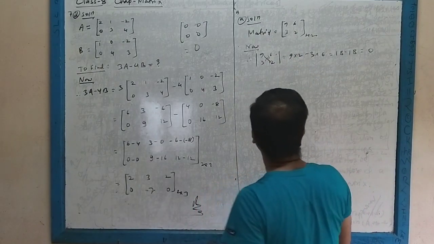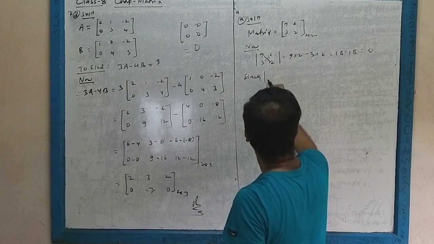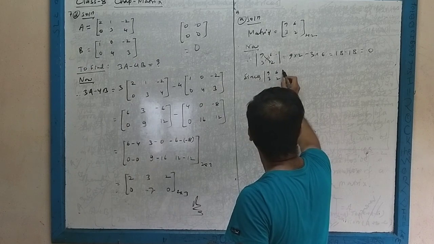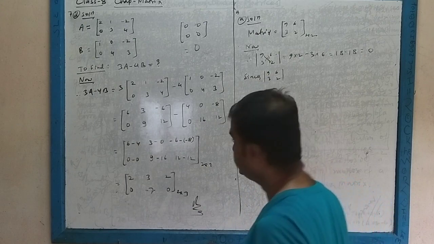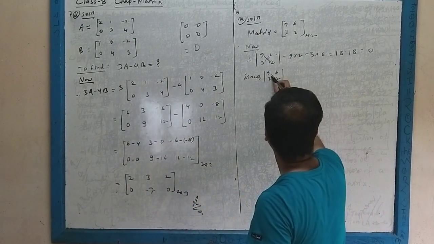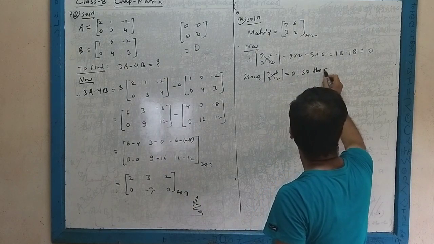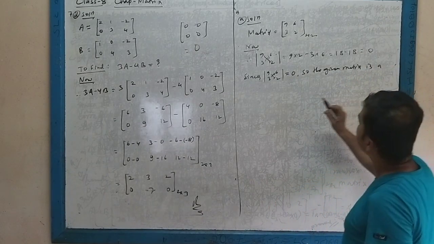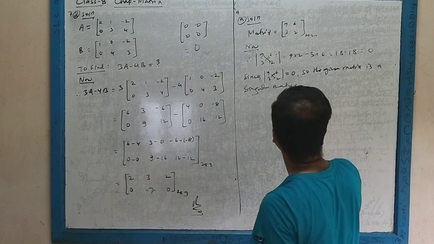Since the determinant of this matrix is equal to 0, the given matrix is a singular matrix. You can write determinant of matrix.